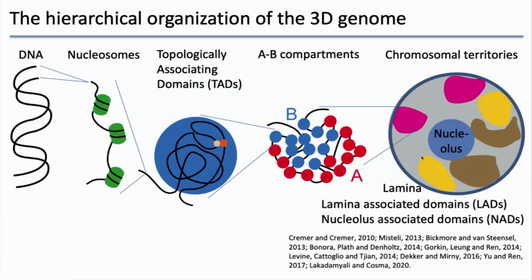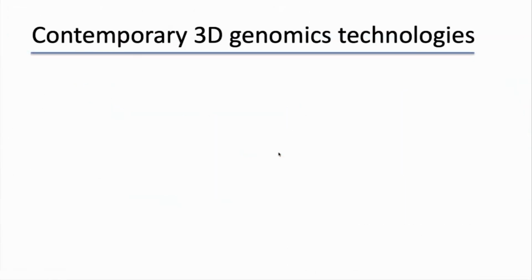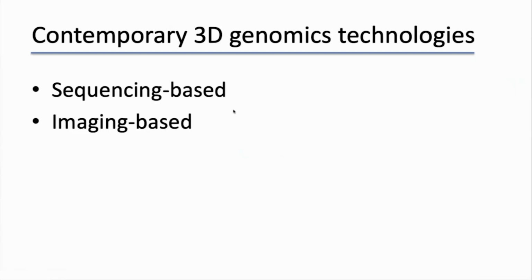And in today's talk, I'm mainly going to be focusing on some representative contemporary 3D genomics technologies that can map the 3D folding organization, this detailed folding organization in the intermediate length scale. So there are mainly 2 categories of contemporary 3D genomics technologies, the sequencing-based 3D genomics technique and the imaging-based. And let's focus on the sequencing-based first.